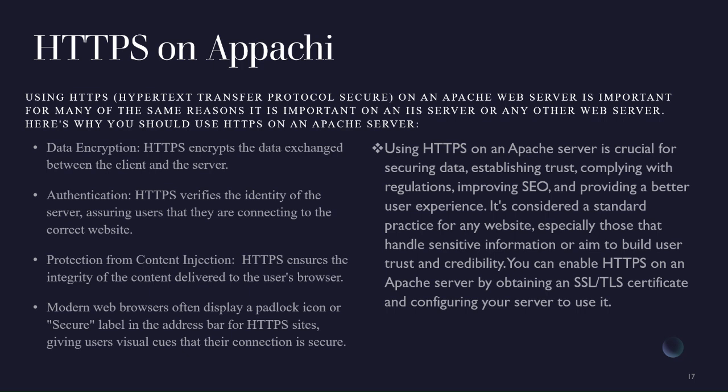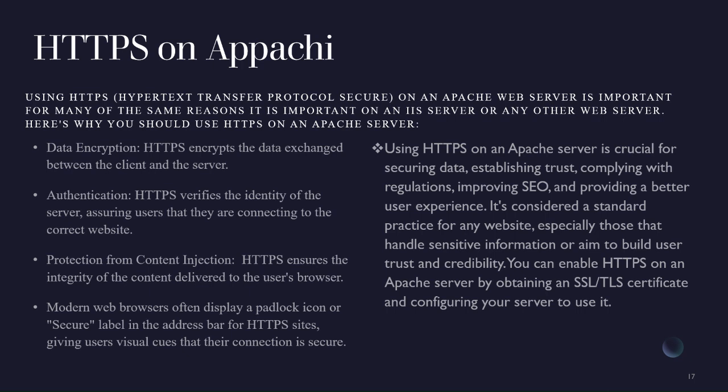Also, again, modern web browsers often display a padlock icon or secure label on the URL bar. Using HTTPS on an Apache server is crucial for securing data, establishing trust, complying with regulations, improving SEO, and providing a better user experience.